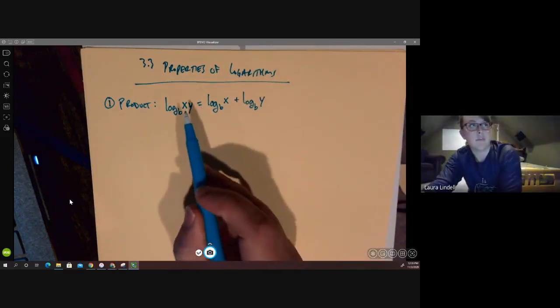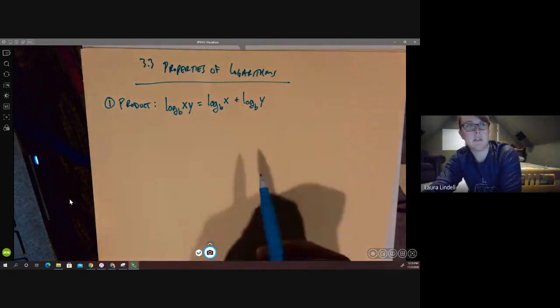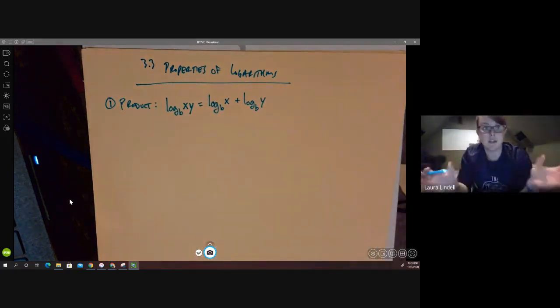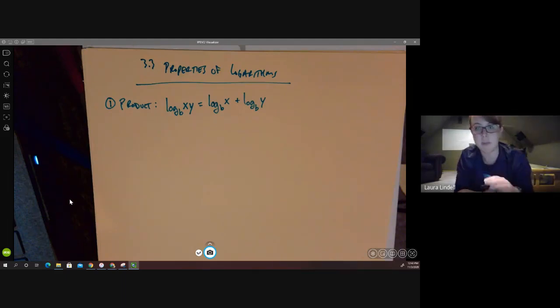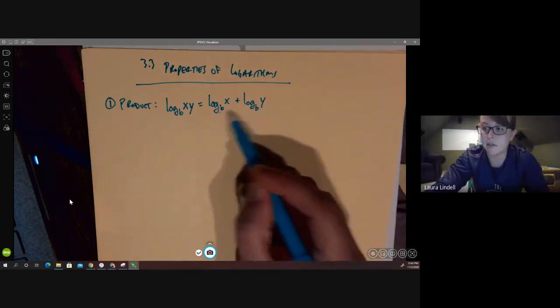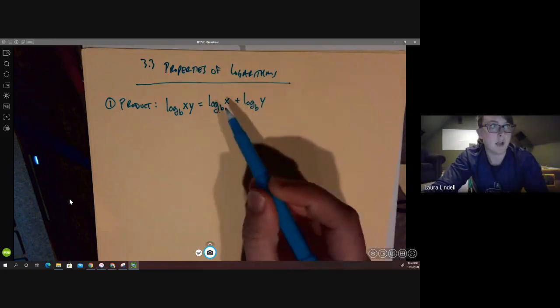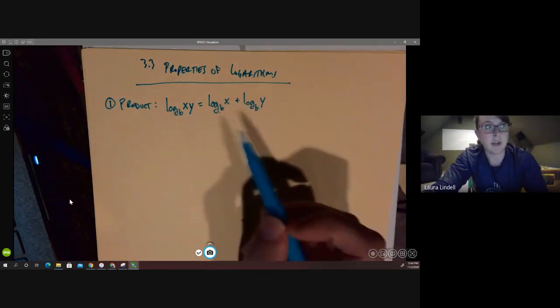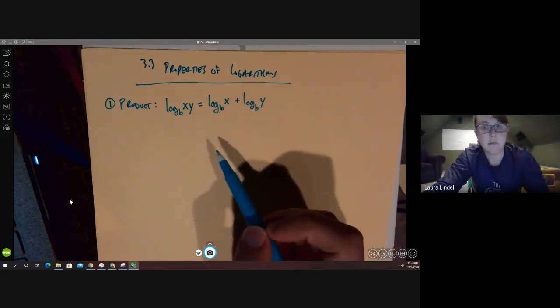So if you have them multiplied, you can split them up into addition. If you have them as addition, you can combine them into multiplication. That's the way we're going to use it the most often. And they do have to be a log with the same base. So if this was log base 4 and this was log base 7, you could not combine them. But since they have the same base, we can.